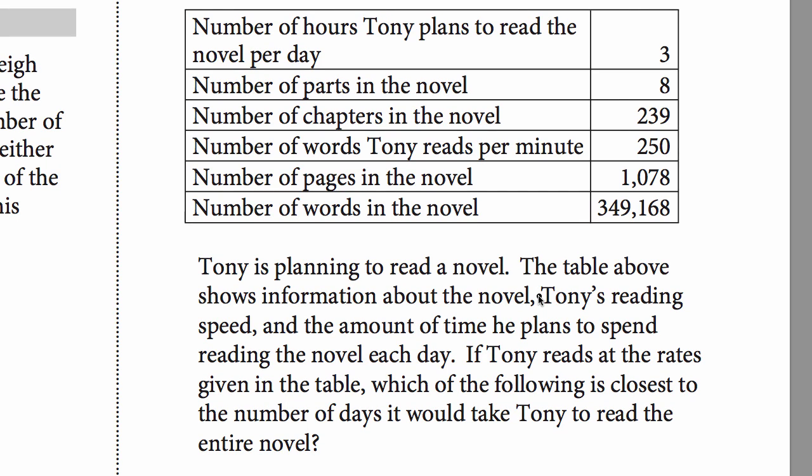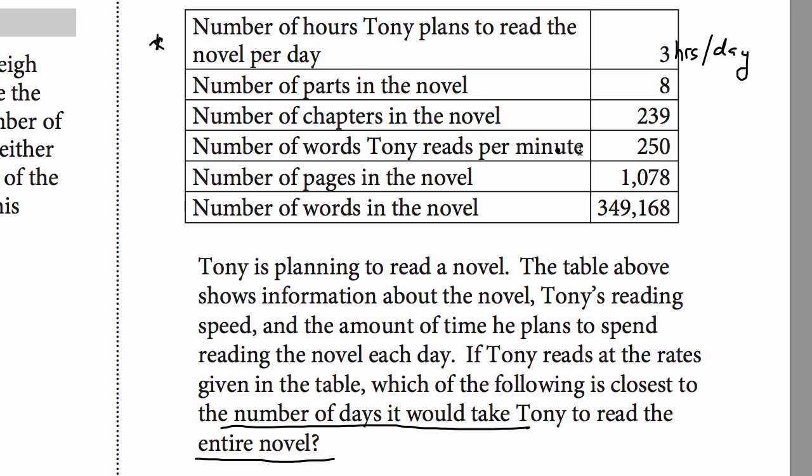So I'd say it's really important. You got to ask yourself when you get all this information, what the heck am I trying to find? So it's the number of days it takes Tony to read the entire novel. So we got some information here. Let's check it out. He's going to read 3 hours a day. So this is good.